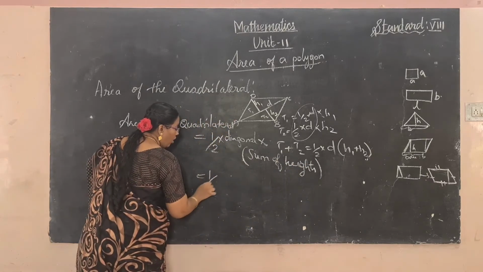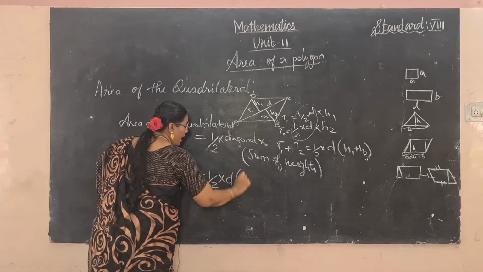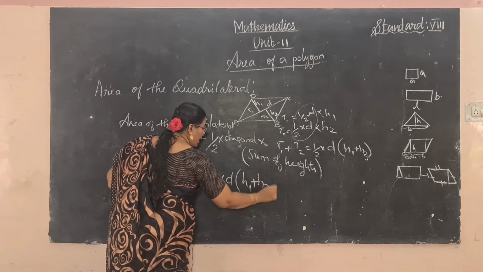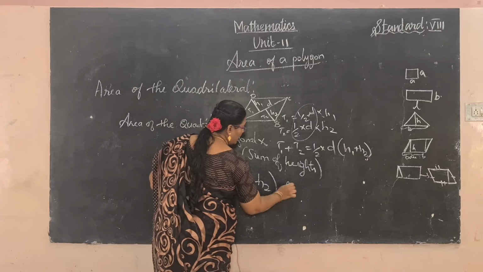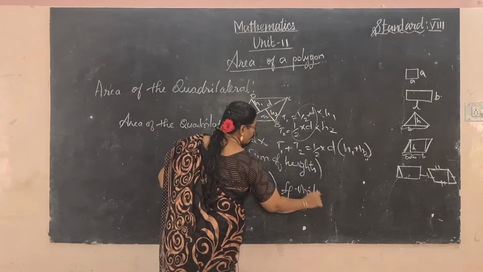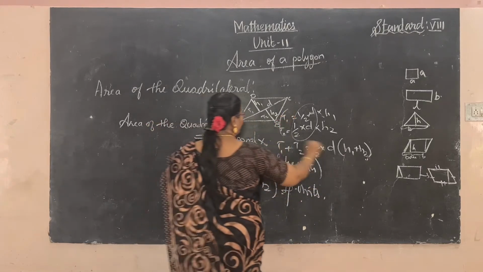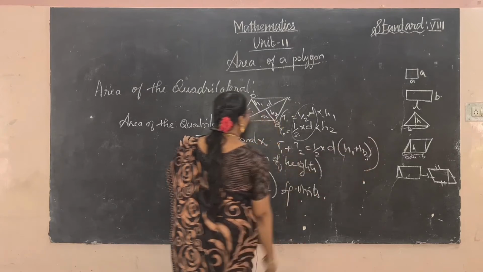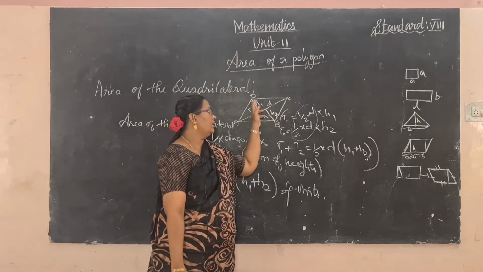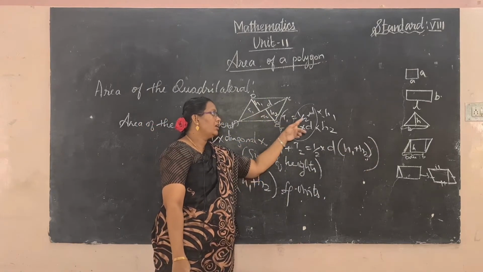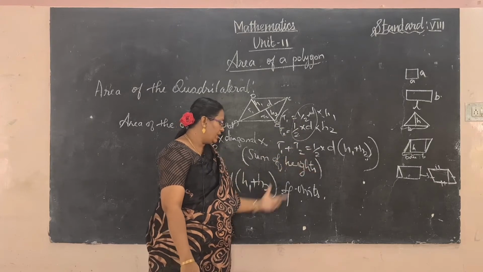That is half into D into H1 plus H2 square units. I have explained how we derive this. Okay, we use the area of the triangle formula to calculate and we get this answer.